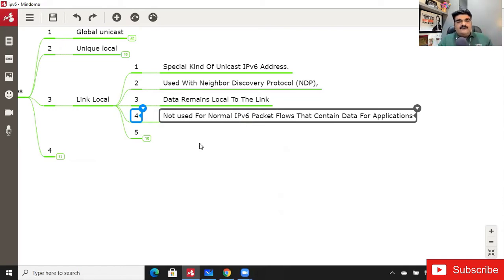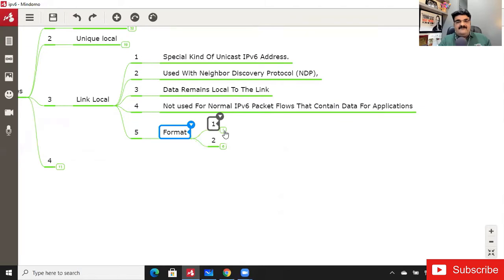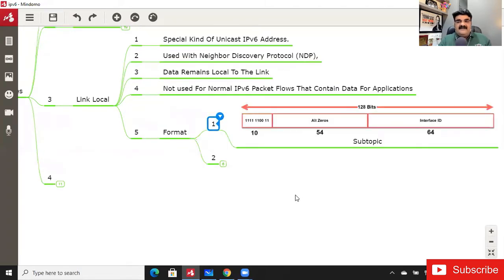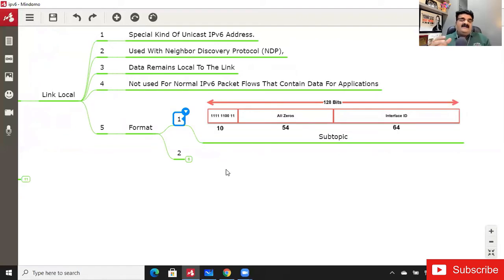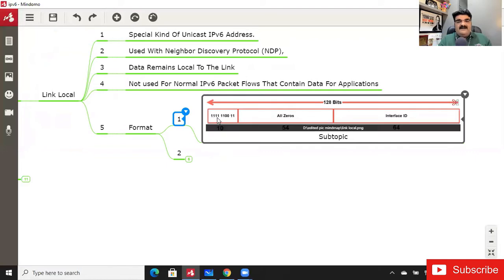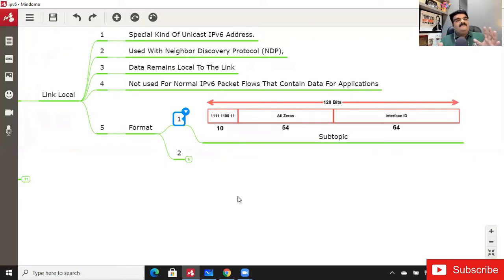Okay, so how can I identify this? The format of link local starts with 10 bits: 1111111010 is common.